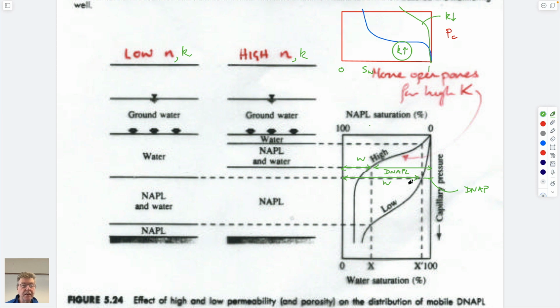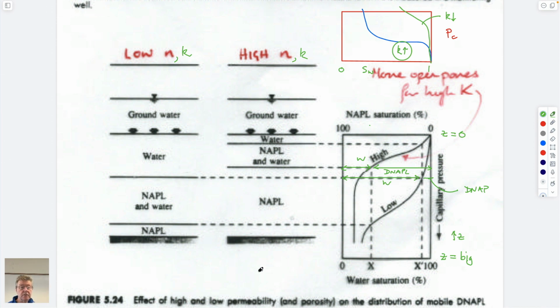So merely by thinking about what these capillary pressure versus saturation curves look like as we measure them, inverting them to be able to look at them not in terms of capillary pressure, but this would also be increasing depth. So this would be Z equals 0, Z equals big as you go down in depth.